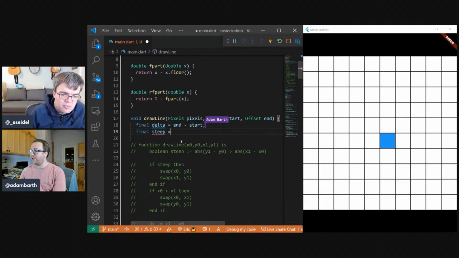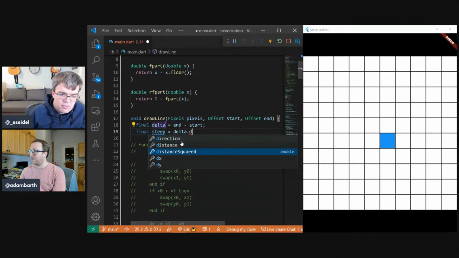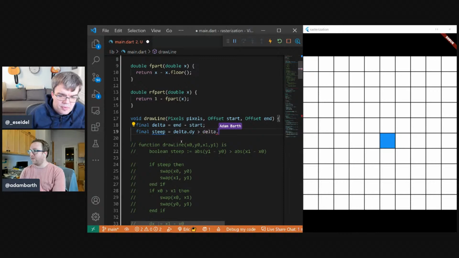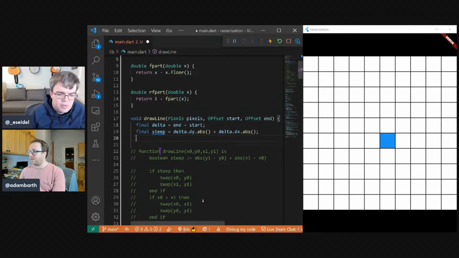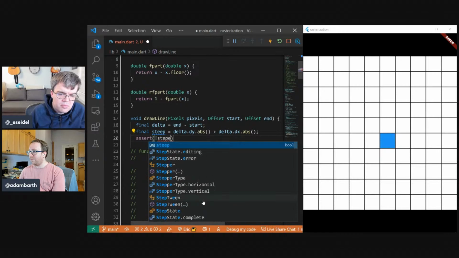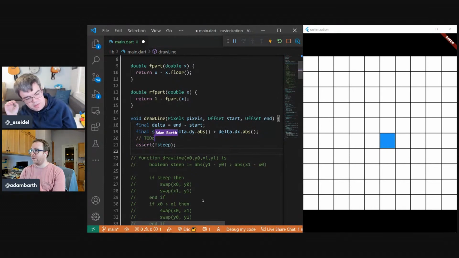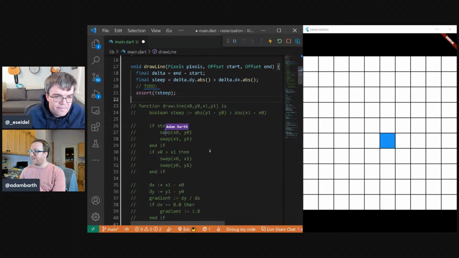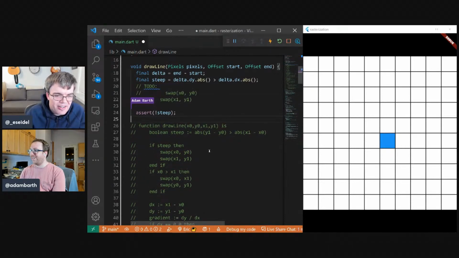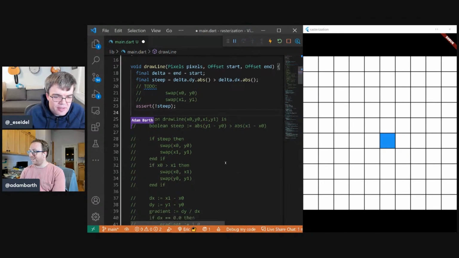And then you should be able to say delta dot dy greater than delta dot dx. So this is abs. Using assert is a little lame because it won't run in production. But we'll use the magic to do function. Okay, nailed it.